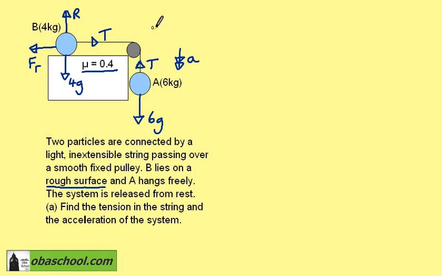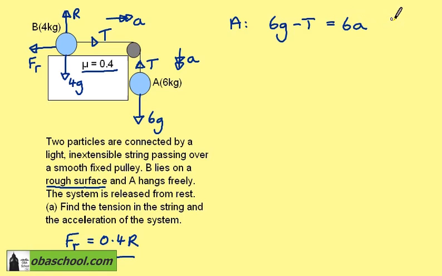The system will accelerate so that A moves downwards and B moves to the right. Since the object is moving, the friction must be limiting friction, which is mu times R. If we consider first object A, F equals ma for this will give 6g minus T, the resultant force, equal to the mass times the acceleration.